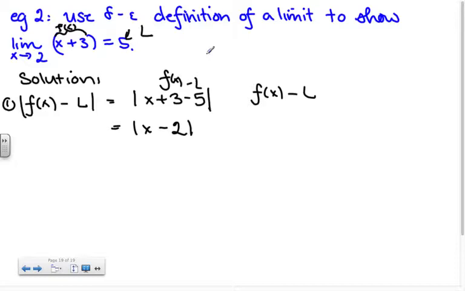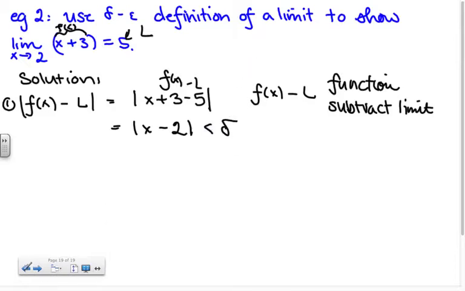So we take the function, subtract the limit. Now that I have done that, this function minus the limit is what is less than our delta. So this is less than delta.